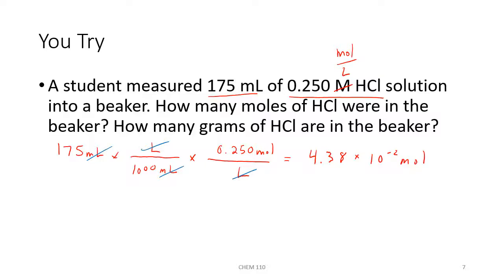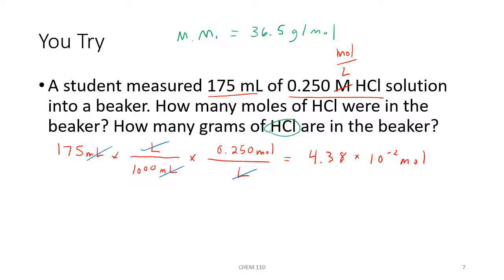And then if we want to find the grams in part 2, we simply have to convert our moles into grams using the molar mass for our substance. The molar mass for HCl we can calculate by using the periodic table, and that should be 36.5 grams per mole.